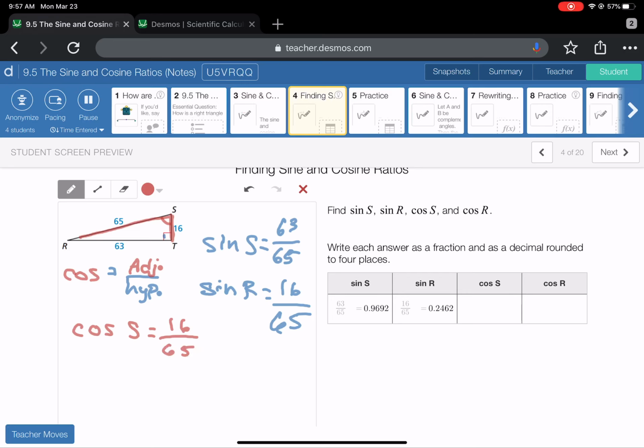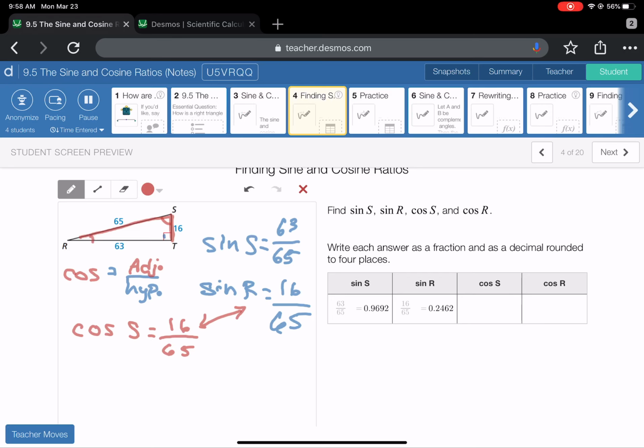If you notice here, sine R and cosine of S are exactly the same, because they follow these rules. For sine, it was the opposite of this angle, over the hypotenuse. Since it's always over the hypotenuse, the sine and cosine are the same for the two opposite acute angles.